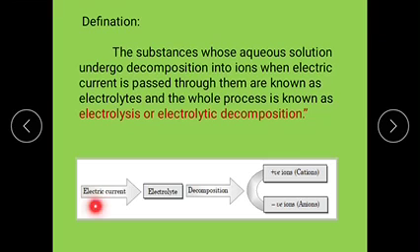When electric current passes through the electrolyte, decomposition occurs in the electrolyte and it gives ions, and those ions move towards oppositely charged electrodes.